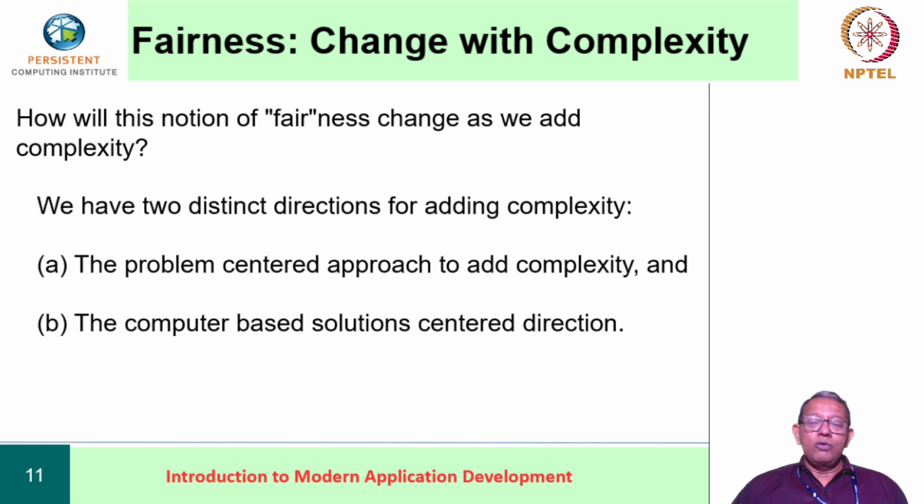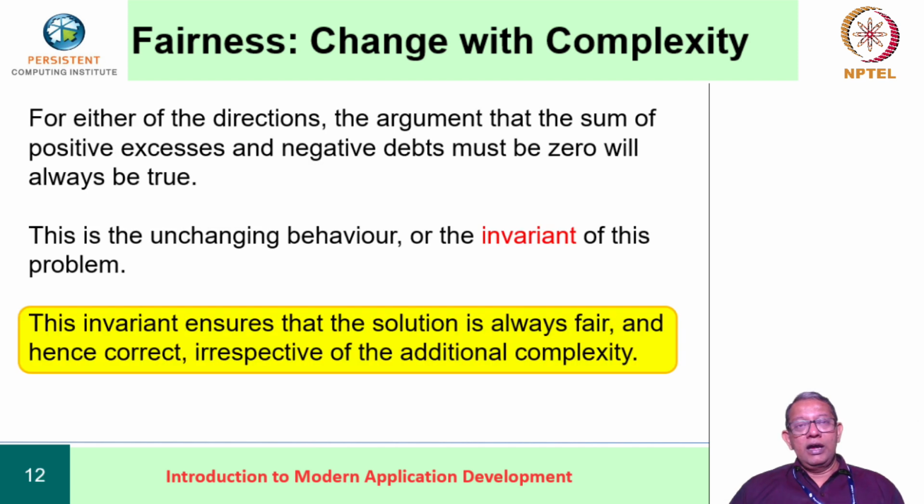The second way would be generalizing the computer-based solution. We would like to think whether, as we add any kind of complexity, our solution approach will still remain fair. In fact, it will.